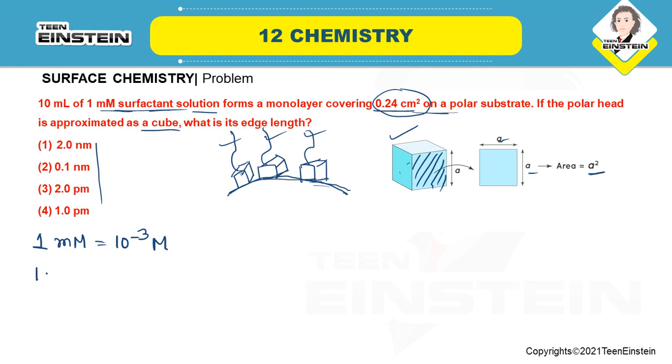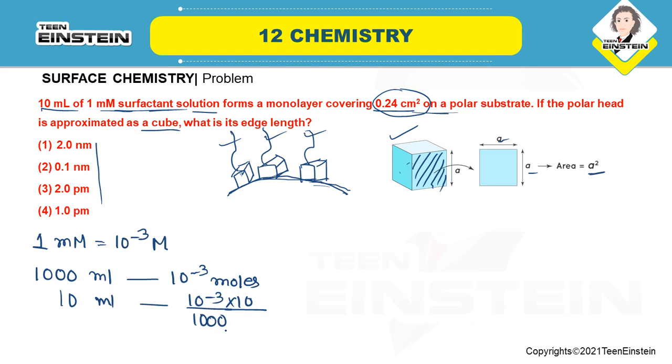Now 1000 ml, that is 1 liter, contains 10 to the power minus 3 moles. But here we have only 10 ml. So 10 ml will be 10 to the power minus 3 divided by 1000 multiplied by 10, that is 10 to the power minus 5 moles.